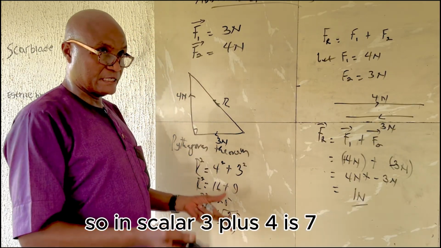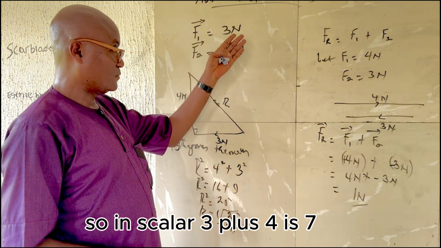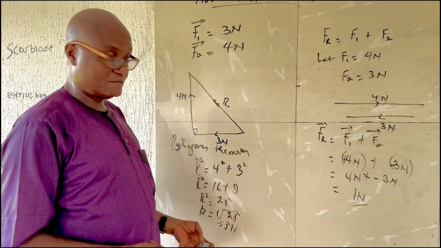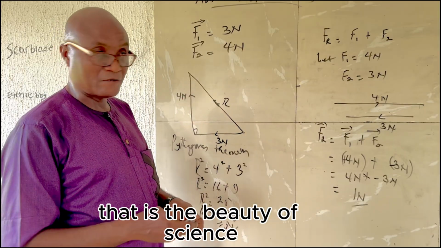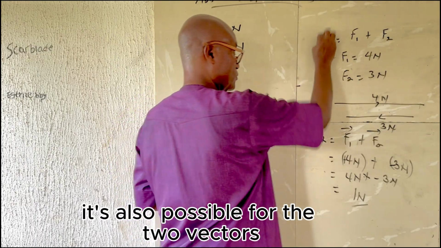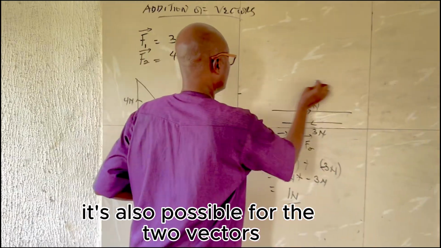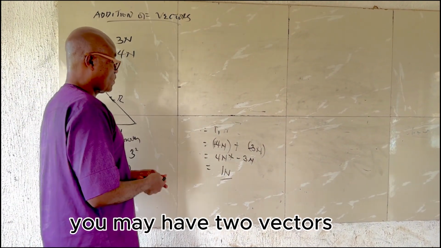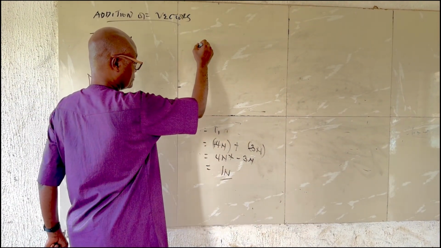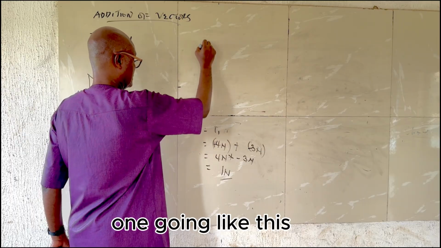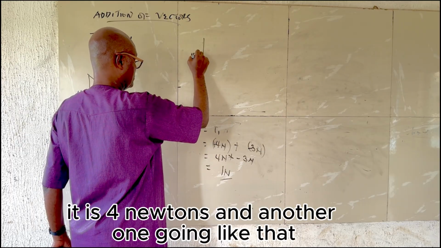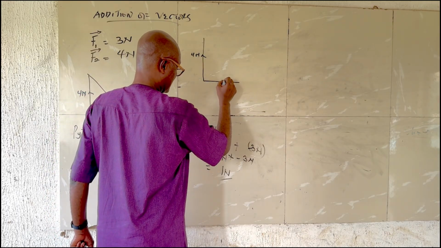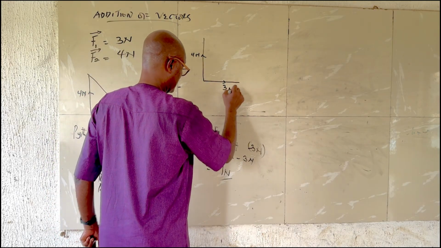So in scalar, 3 plus 4 is 7. But on that vector now, 3 plus 4 is giving us 5. That is the beauty of sciences. It's also possible for the two vectors not to be arranged the way it is. You may have two vectors, one going like this, it is 4 newtons, and another one going like that, and it's 3 newtons.